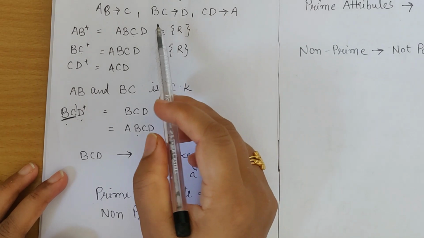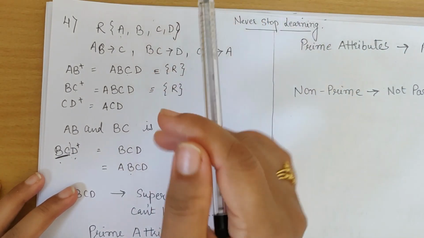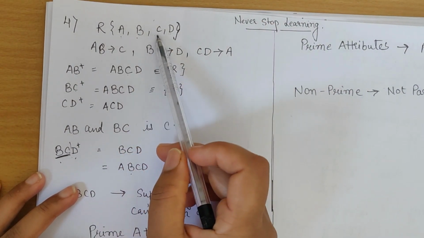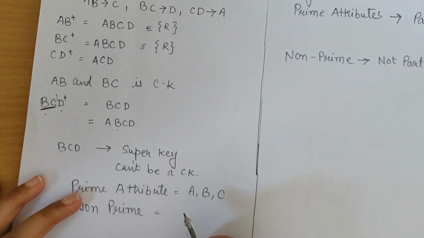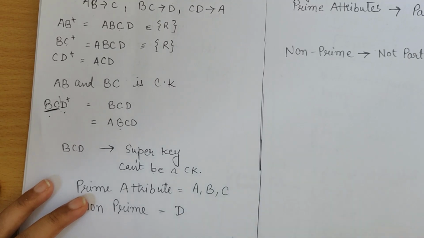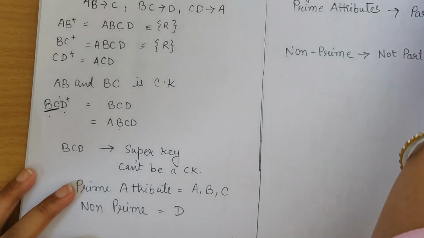So who is not part of the candidate key in the relation? A, B, C are part of candidate key. Only D is the left out one, which is not part of candidate key. So D is the non-prime attribute of this question.